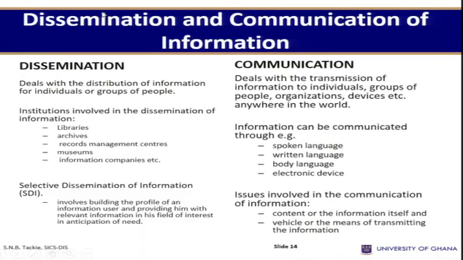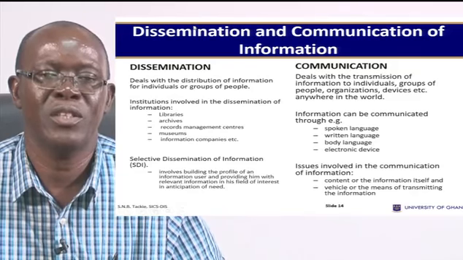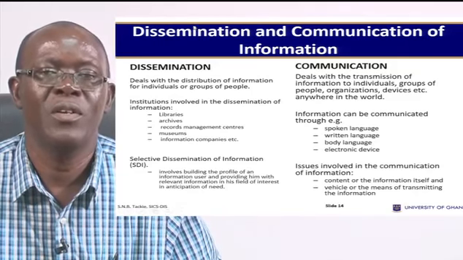They all disseminate information, and they use several means, including what we call selective dissemination of information, which involves targeting a particular person or drawing up the profile of users, and then routing necessary information to them.